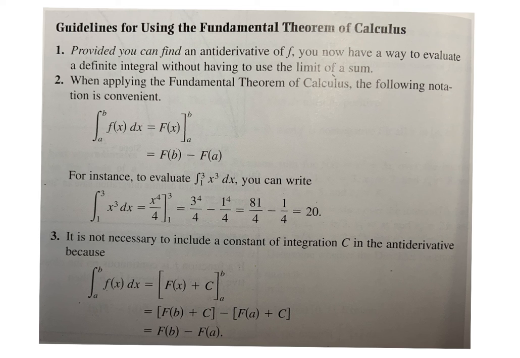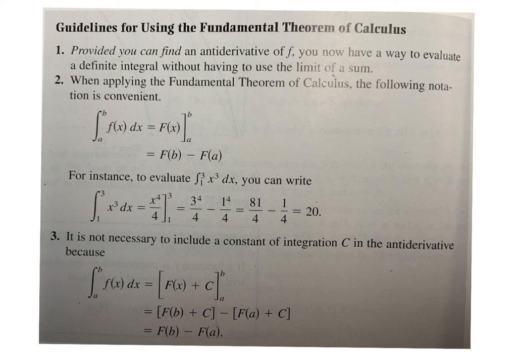Once you have this, you literally just plug it in. So they did this guy as an example, from 1 to 3 of x cubed dx, all right? This just means we're taking the antiderivative with respect to x. How do I take the antiderivative? Well, I add 1 to my exponent, x to the 4th, and I divide by 4. Now, normally I would have a plus c here, but anytime you have a top and bottom, you no longer need the plus c. This is not indefinite integration.